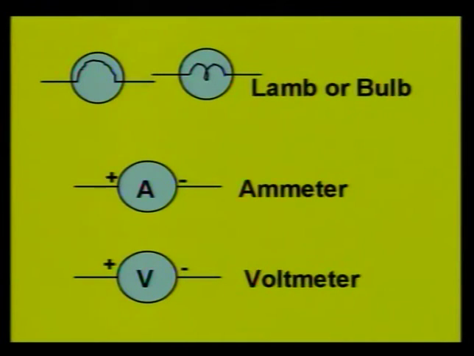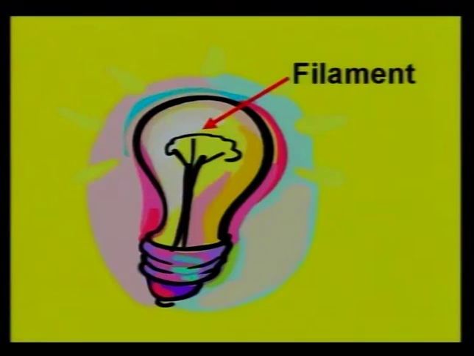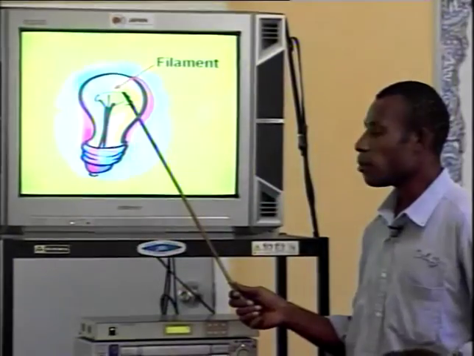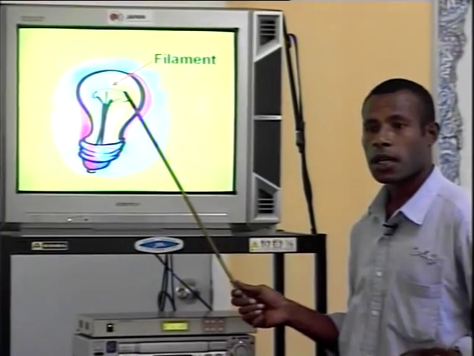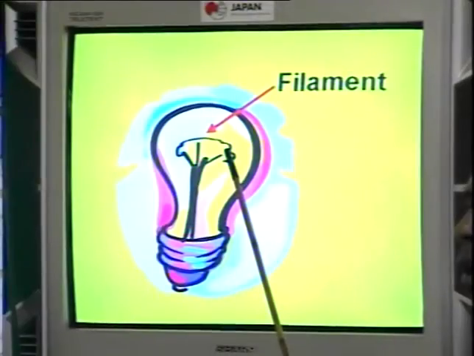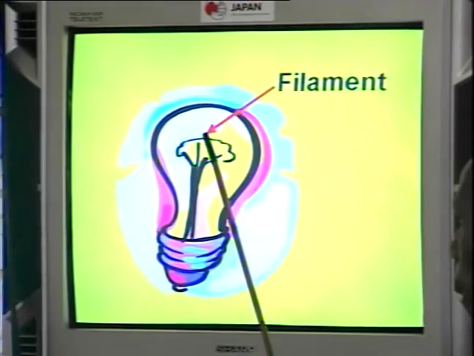Now to the next. In explanation of that, especially when you are looking at this filament in a light bulb, you have a glass casing which is surrounding it. Because this filament is made of tungsten, which is a very high resistance wire and also has a very high melting point, that is the reason it is coiled and left inside.